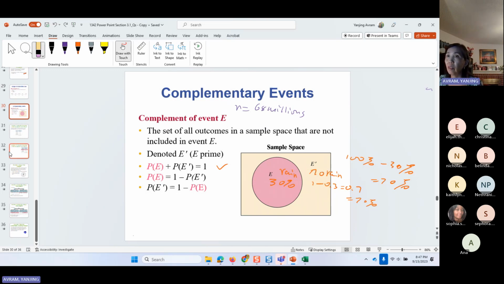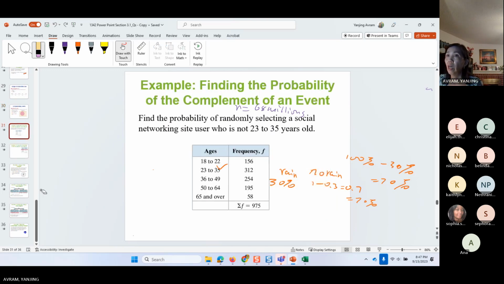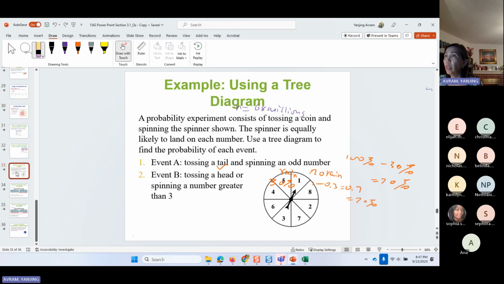Okay, I have to figure out this one later on. Okay, so let's look at using a tree diagram in here. Let me go ahead and open the other one so you're not bothered by this one right here.